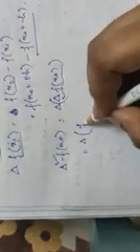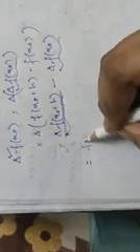Similarly, if we want to find delta squared f of x0, it will be delta over delta f of x0. At first put the value of delta f of x0, which is f of x0 plus h minus f of x0. That means delta of f of x0 plus h minus delta of f of x0.